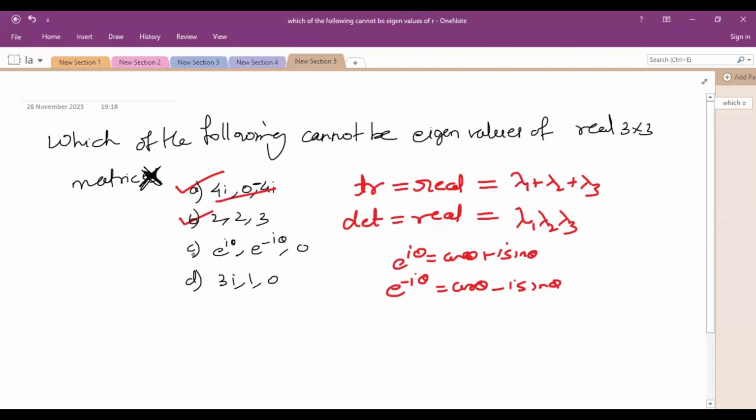So again, the sum and the product are real. And in the last case, if we add this, the trace will be equal to 3i plus 1, which is imaginary, which doesn't fit the requirement. So yes, option D is the set of eigenvalues which is not eligible for a real matrix.